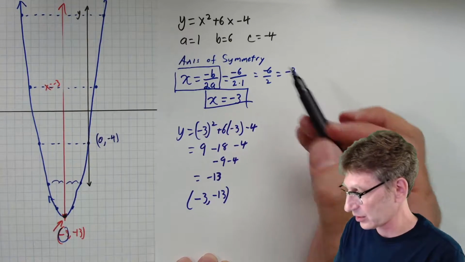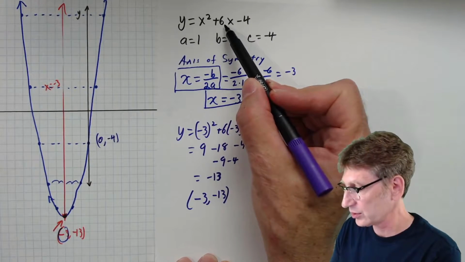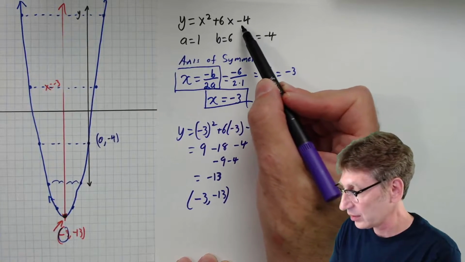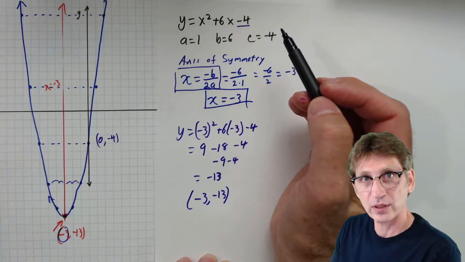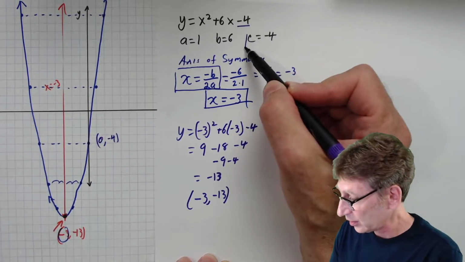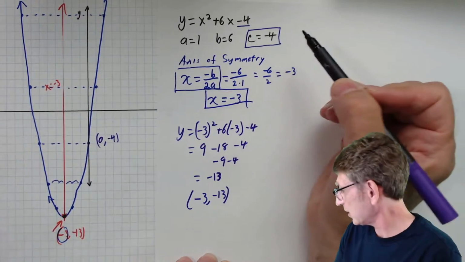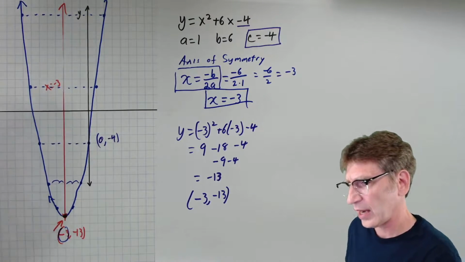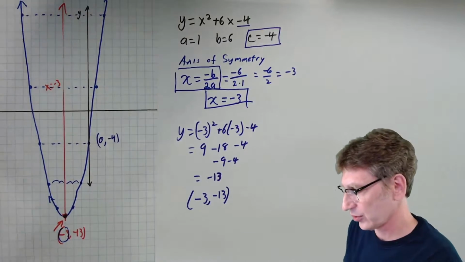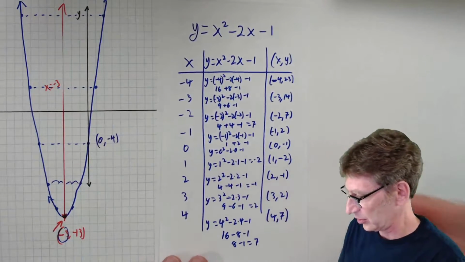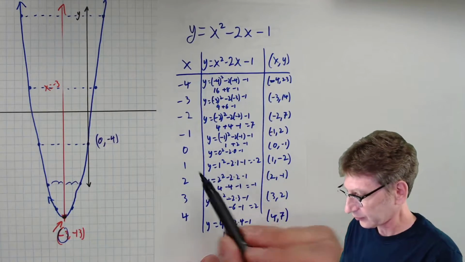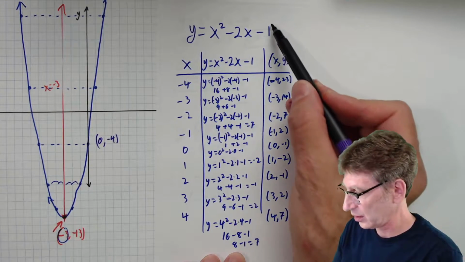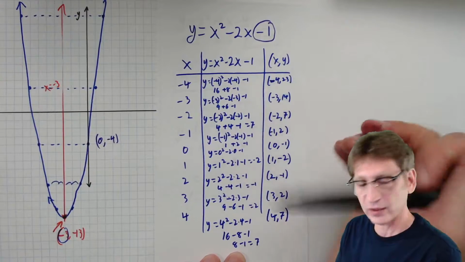If x is 0, those two terms zero out. 0 squared is 0, 6 times 0 is 0, leaving us with negative 4. Interesting. c is negative 4. I wonder how that bears out with the other ones we looked at. Here's an earlier one we graphed. When x is 0, y is negative 1. The c value is negative 1.